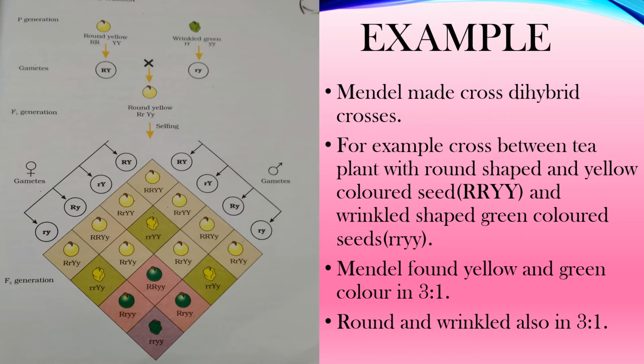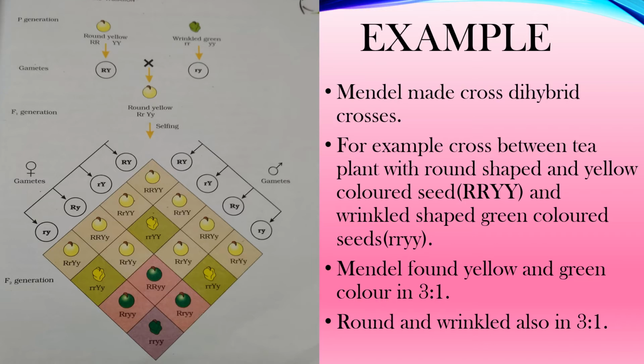This is the F1 generation. But when the F1 plants are allowed self pollination, then in the diagram you can see it will make the same types of gametes. Four types of gametes are possible over here, and on fertilization we will get different combinations.